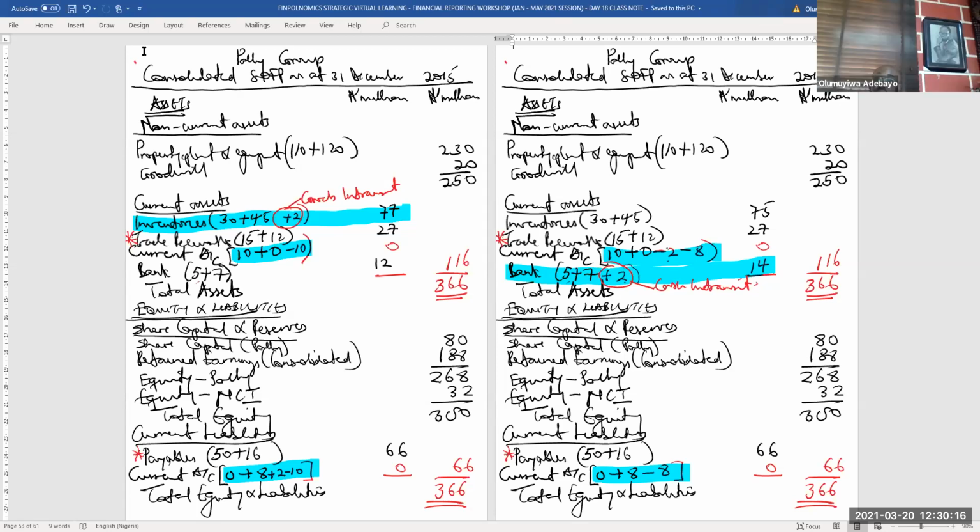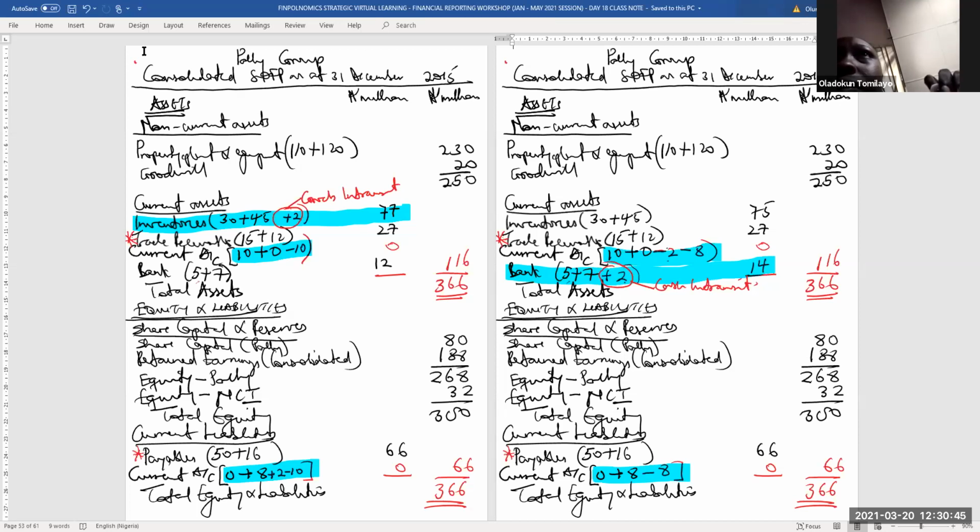What's the question? In a situation where we only have trial balances of the parent and the subsidiary, is consolidation possible?